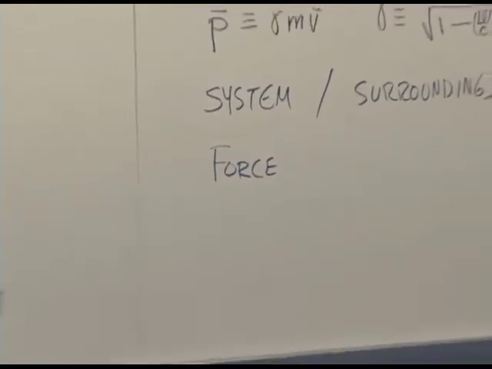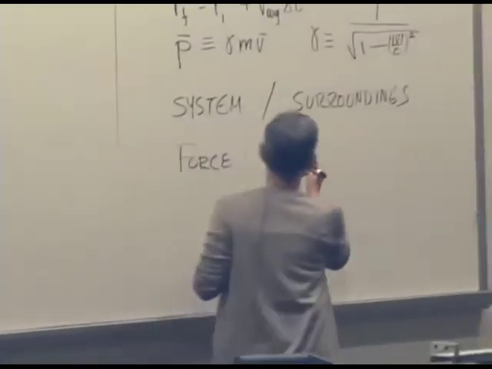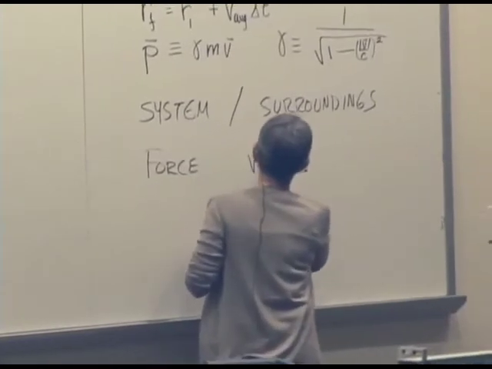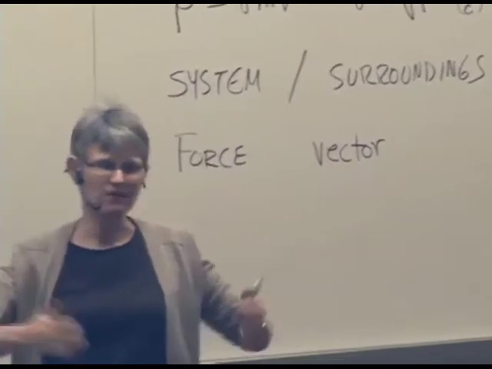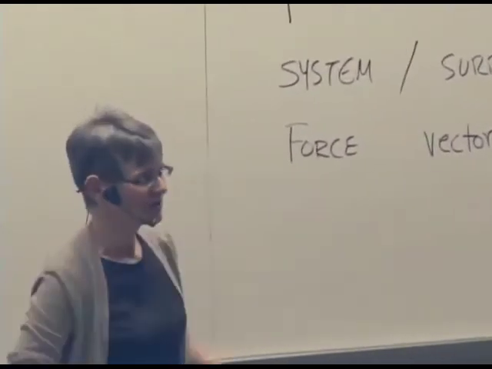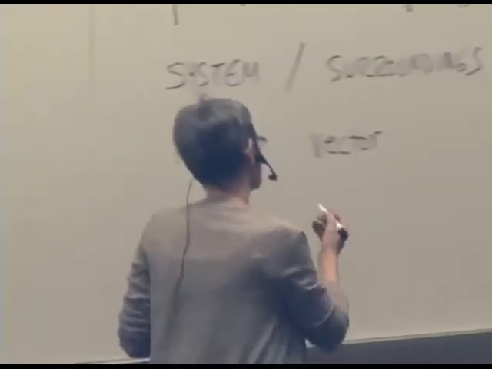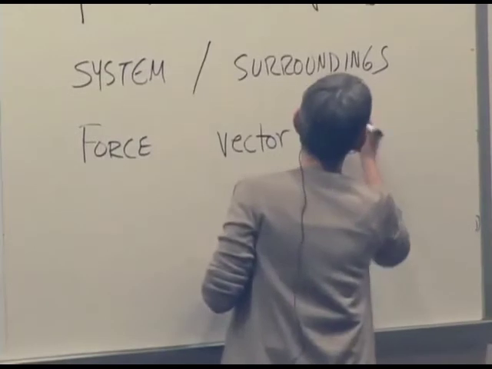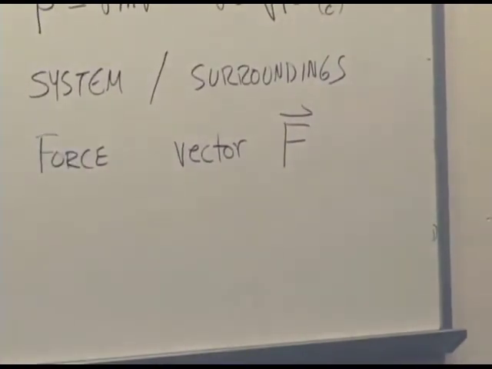And a force exerted on something by an object in the surroundings is a vector, because forces have magnitudes. That's how big the force is. And they have directions. So go that way or that way, up, down, left, right. So it's a vector. It's written as an F with an arrow over it, of course.